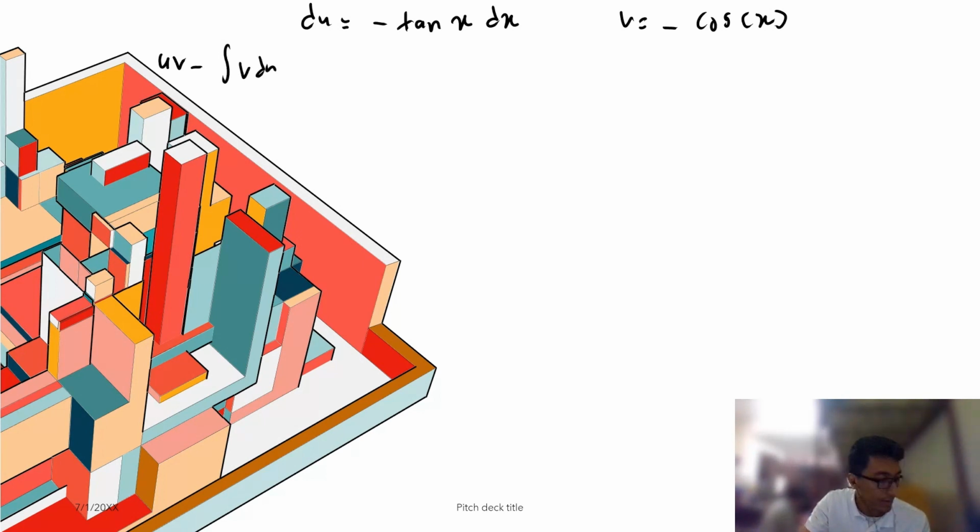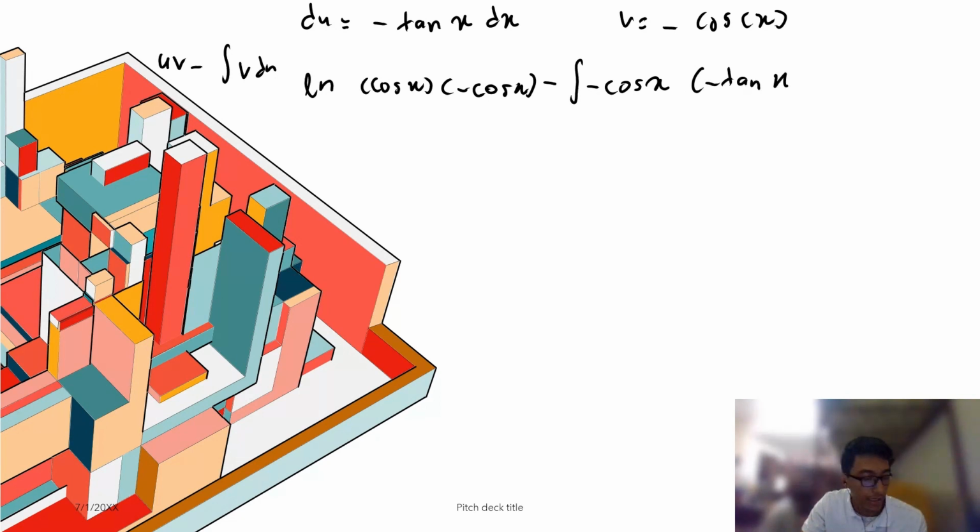So ln cos x times negative cos x, because our v is negative cos x, minus integral negative cos x, then our du negative tan x dx.